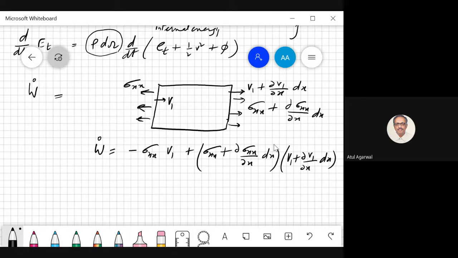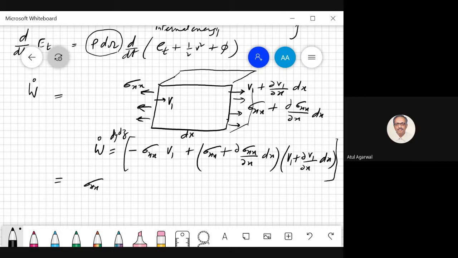Okay. And you also have to multiply it with the area of the face. If this is dx, you are multiplying with dy dz, because force into velocity is power. Now, this minus sigma xx V1 will cancel out.